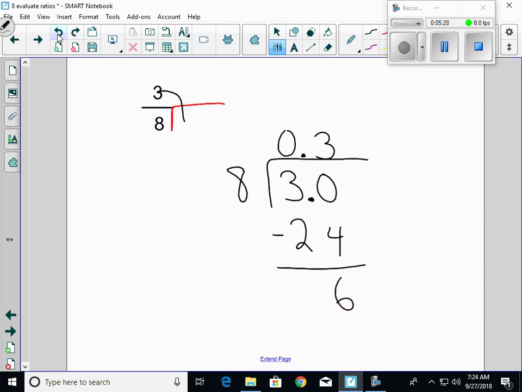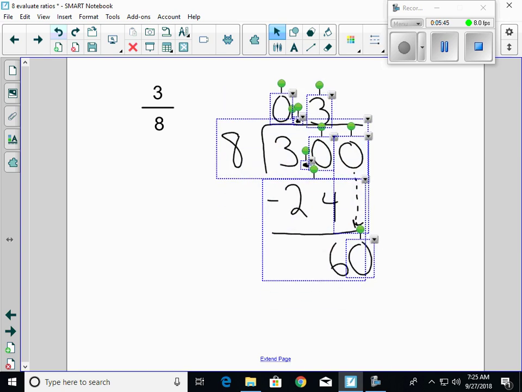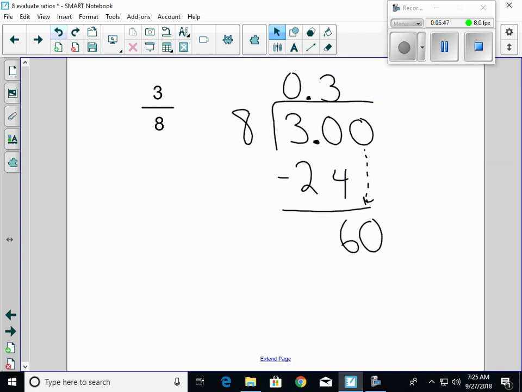I have a remainder, so I'm going to have to add a 0 to my original problem and bring that 0 down. So now I'm thinking 8 goes into 60. 8 goes into 60 7 times, because 7 times 8 is 56.